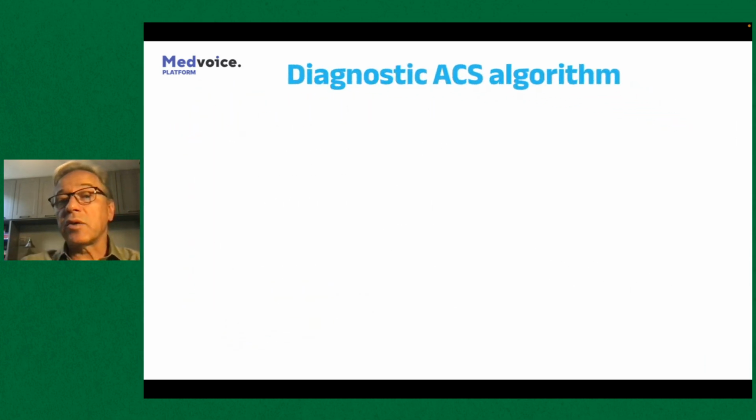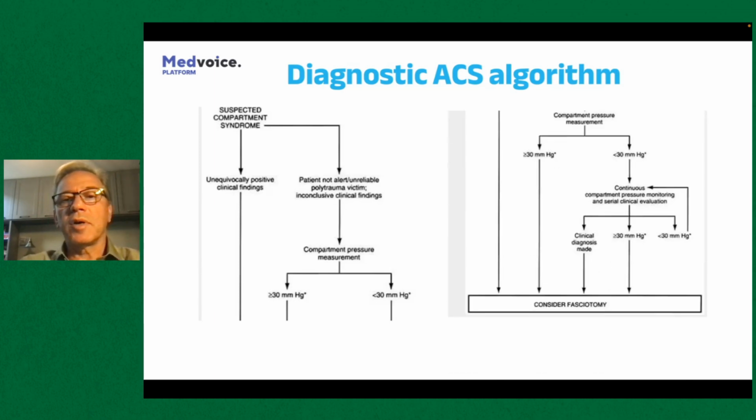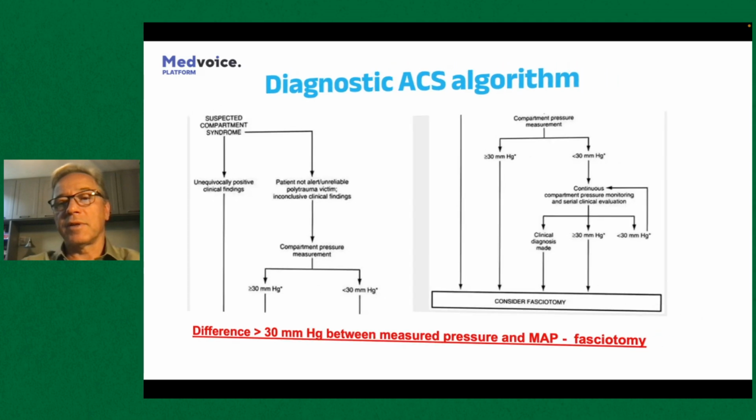There is a diagnostic algorithm developed for suspected compartment syndrome where your patient is not alert. For example, you would measure the compartmental pressure, and if it's more than 30 millimeters of mercury, then you would consider fasciotomy. The difference of 30 millimeters between measured pressure and mean arterial pressure is the indication for fasciotomy.